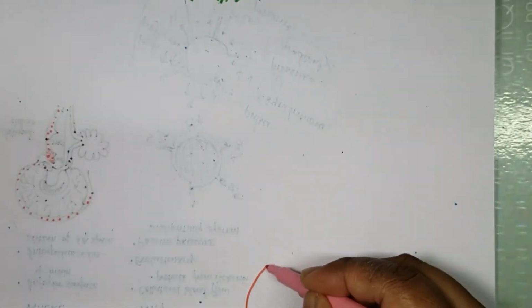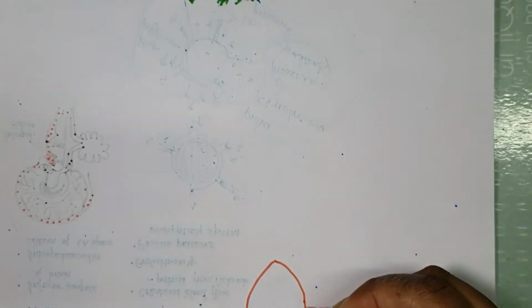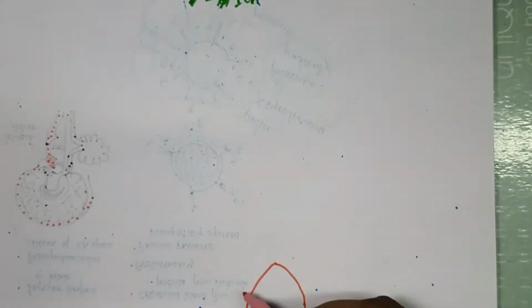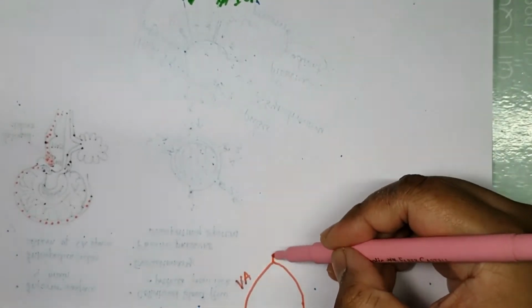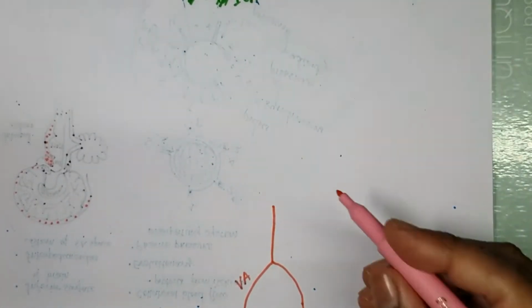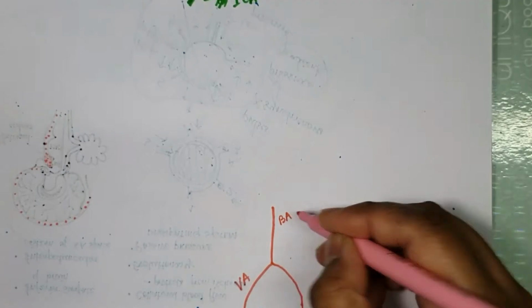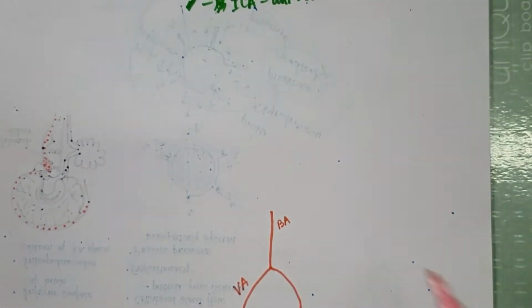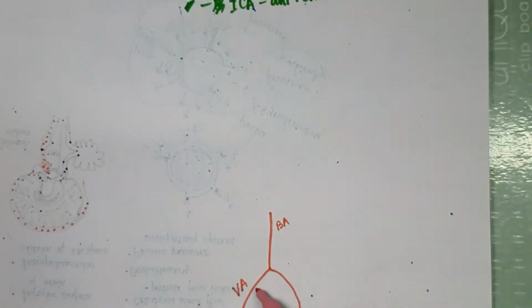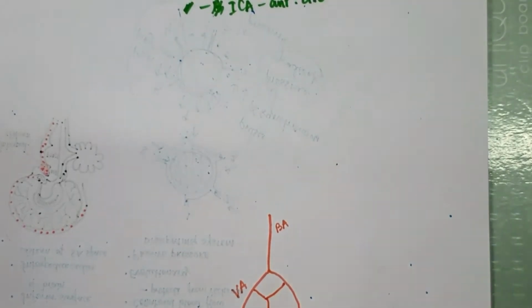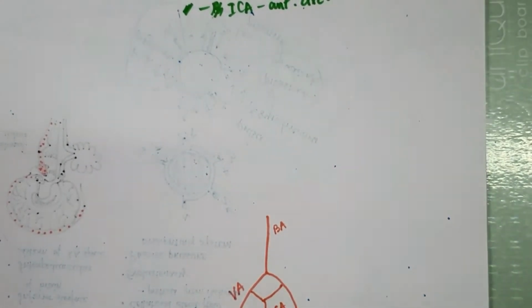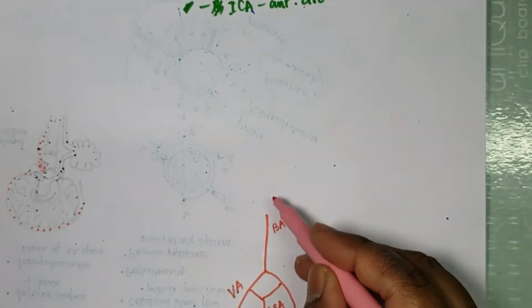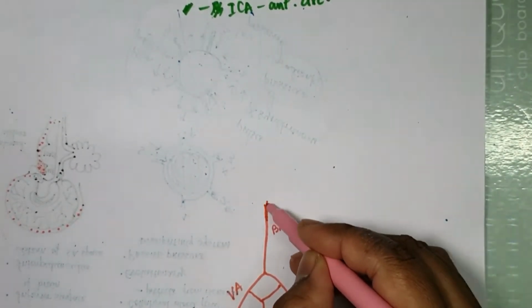Now we'll start with the vertebral artery. So we have vertebral arteries on both the sides. Vertebral arteries together form the basilar artery. This is the basilar artery. And before this, these two vertebral arteries also join here and they form the anterior spinal artery. Okay, now the basilar artery gives out some branches.